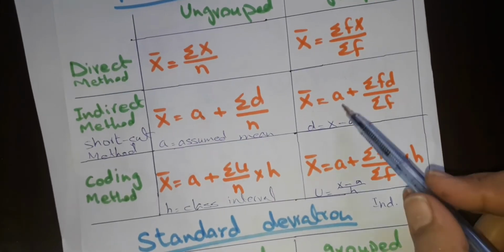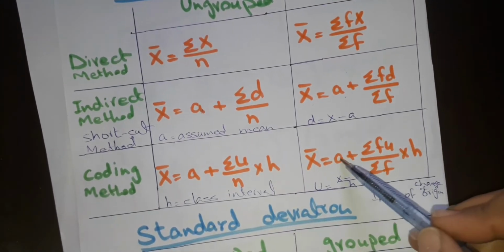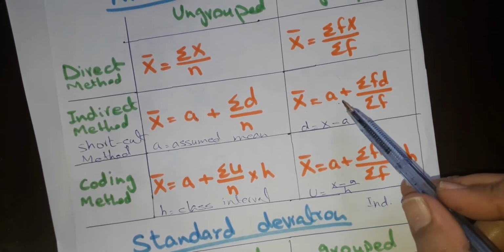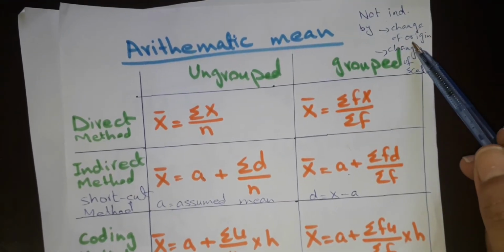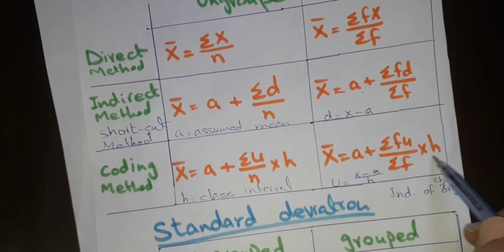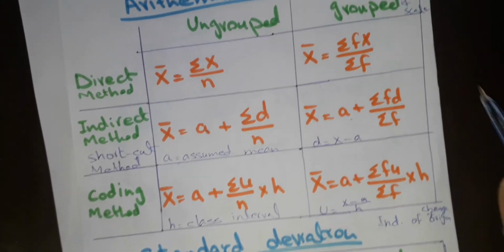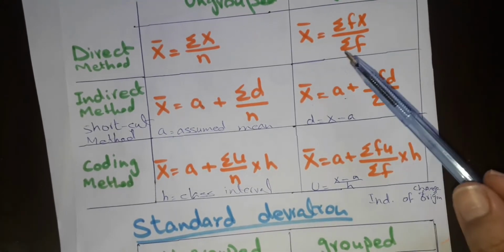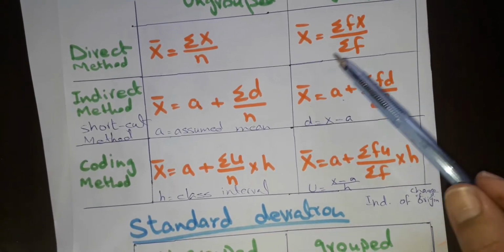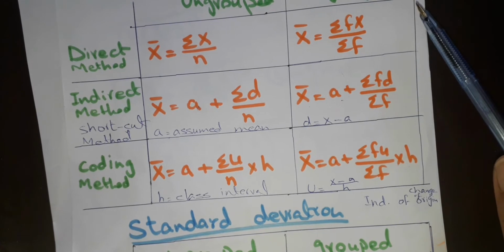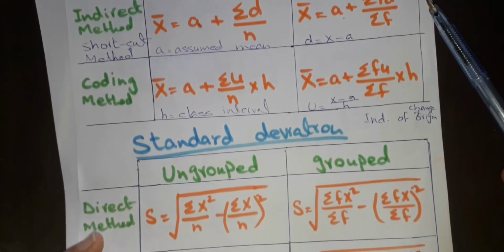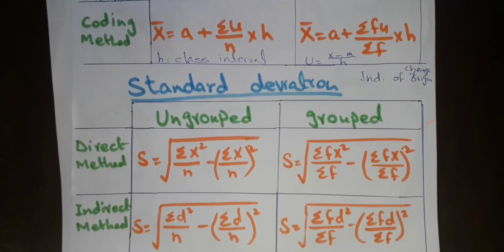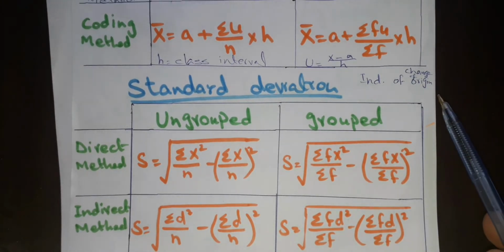So we add a, and also multiply by h. Addition means change of origin, and multiplication or division means change of scale. So arithmetic mean is not independent of change of origin and change of scale, and standard deviation is independent of change of origin.